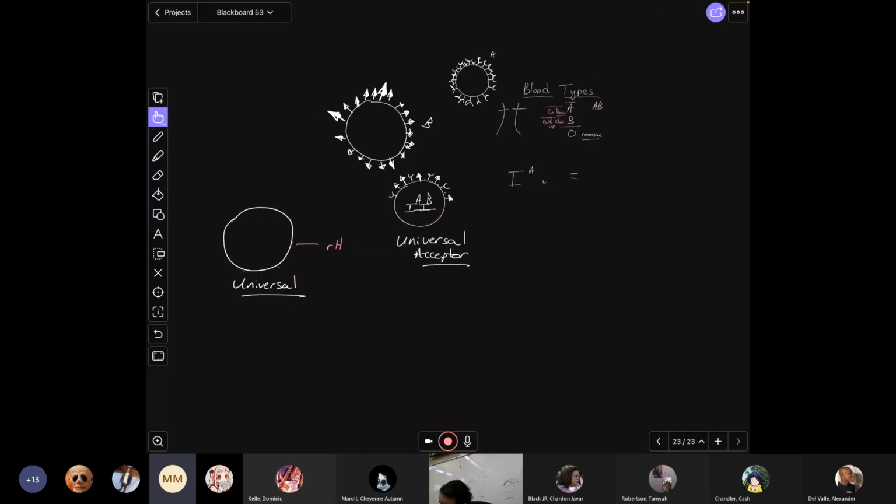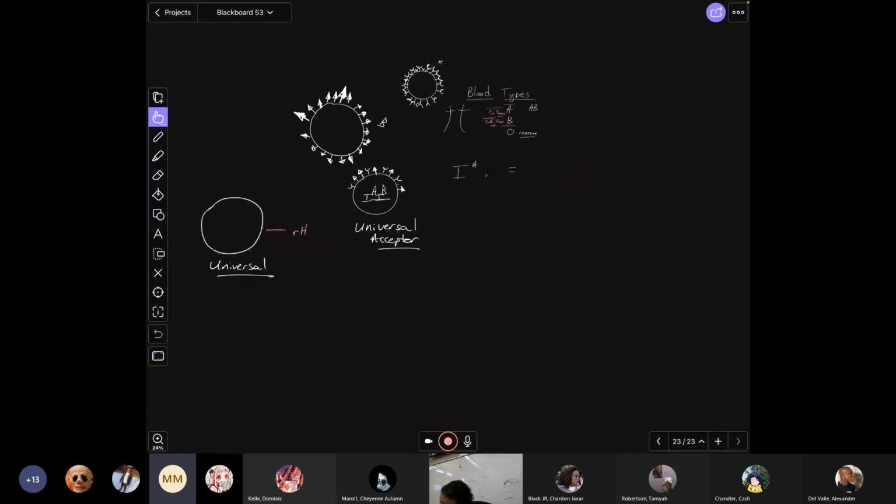So when you're looking at the different possible combinations, you inherit two genes, the I gene. It's either IA, you inherit IB, or you inherit little i. Little i, we call it O blood type.